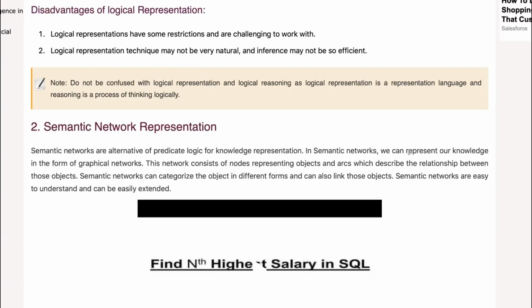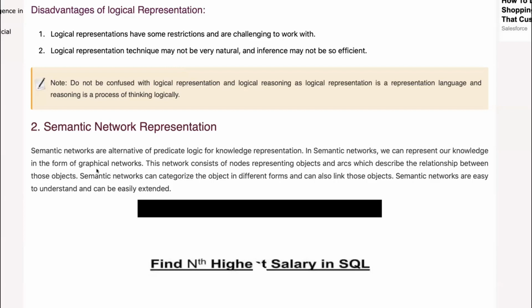In semantic networks, we can represent our knowledge in the form of graphical networks. That's why later we will talk about how KR is not a data structure. There's a misunderstanding because here we use a graph, and we know that a graph is a data structure, so people think knowledge representation is a data structure. Later it will be emphasized that knowledge representation is not a data structure.